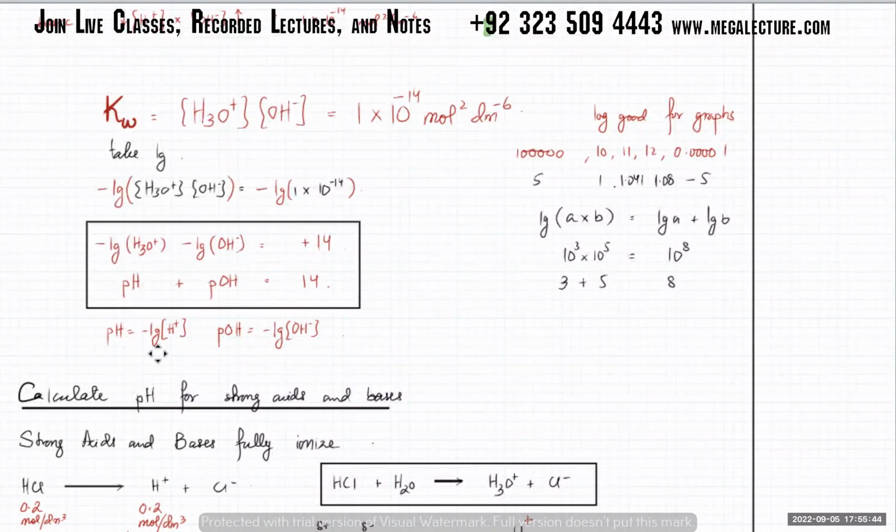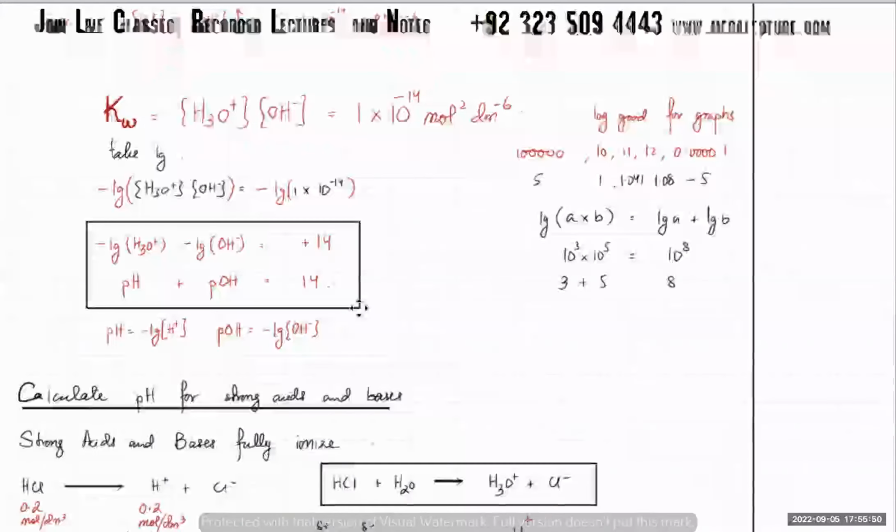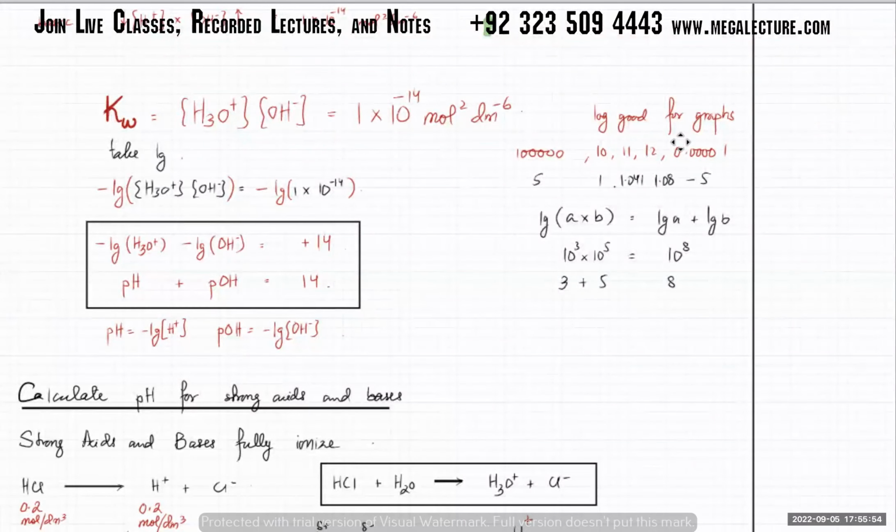And so this is pH and this is pOH. pH plus pOH is equal to 14. I told you that taking the log lets you make very nice graphs. So if you're tracking the concentration of H plus and OH ions in a solution anywhere, the benefit of taking the log is that the graph will look better, okay?